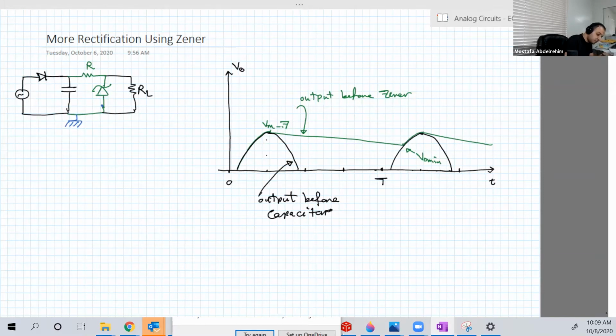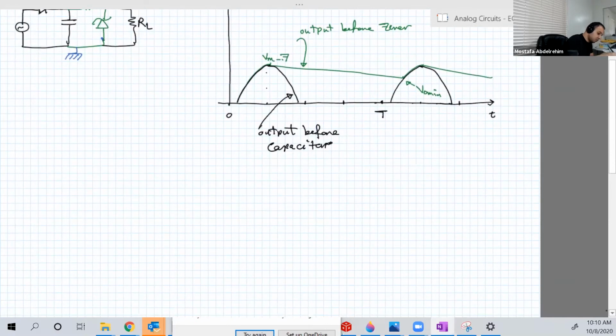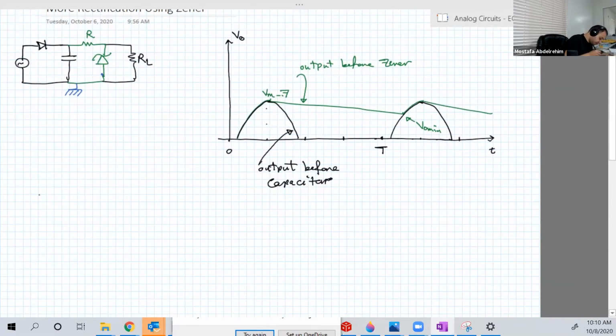Okay. So basically, if VO minimum, this is the previous output without a Zener, is greater than V breakdown of the Zener, and as you see here, when the capacitor has a charge, it has a positive polarity on that terminal and negative polarity on that terminal.